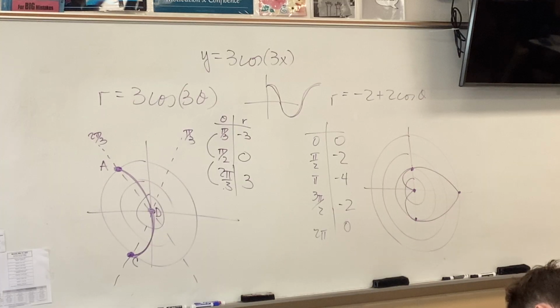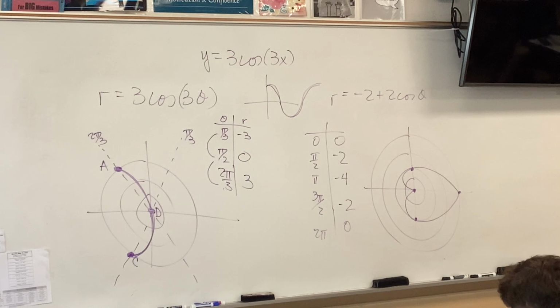Now, what about from pi over 2 to 7 pi over 6? What is happening to the distance? It's decreasing, isn't it? Now, on the rectangular system, we're talking about the x-axis.